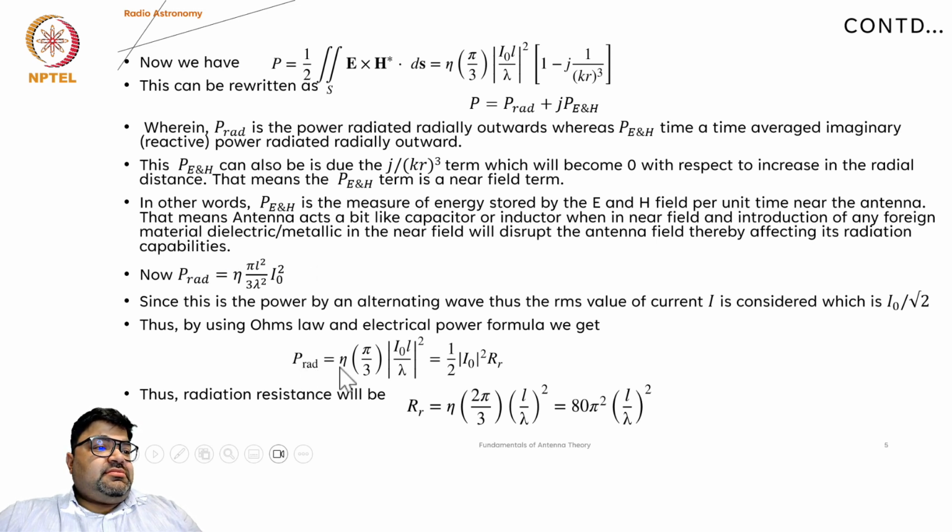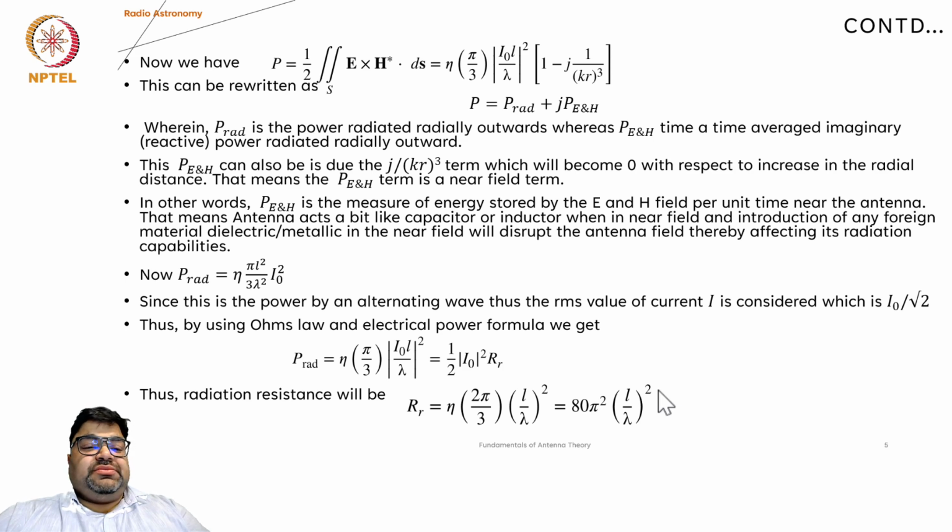So for the far field pattern, we can concentrate only on the P rad term, which is equal to half I naught square R radiation resistance, where R is given by 80 pi square L over lambda whole square.